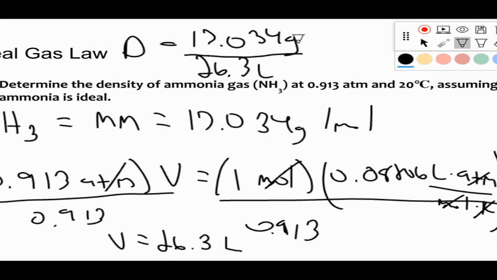And then I'm going to plug that in. And it comes out to 0.648 is what I end up with. And my unit will be grams per liter, which is a density unit.